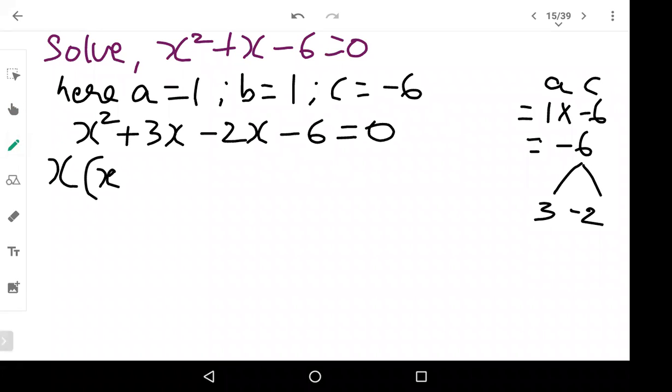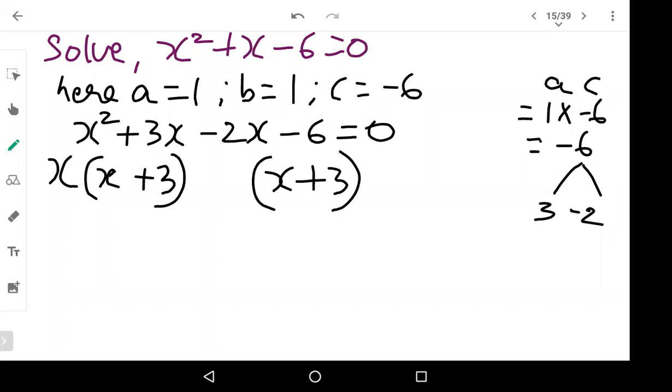X plus 3 will be remaining. Correct? Now here also I need to have x plus 3. So to have x plus 3, what should I take out? I should take out -2.